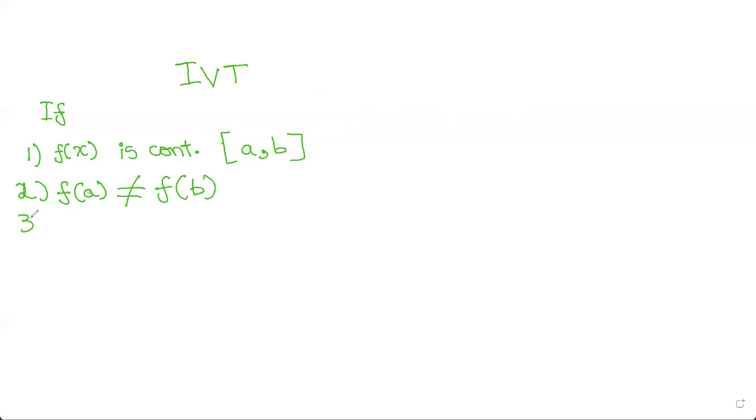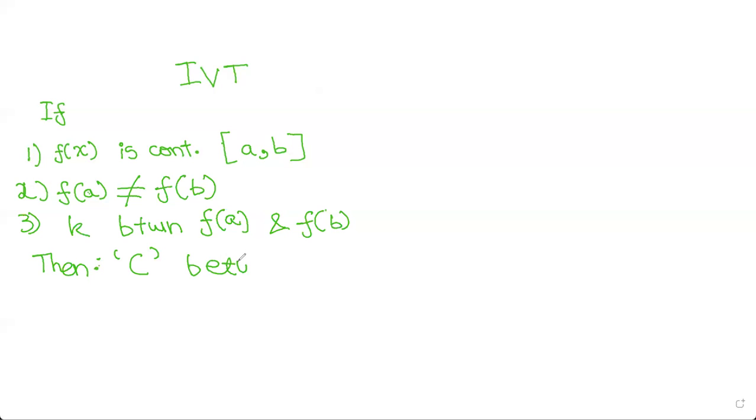And then finally, if k is just a value, and if k is in between f of a and f of b, then there is a number c between a and b.